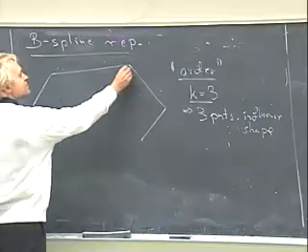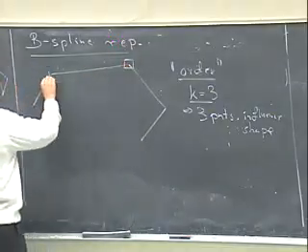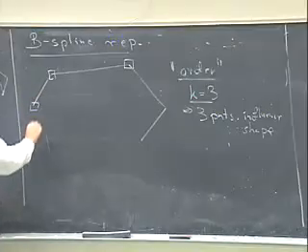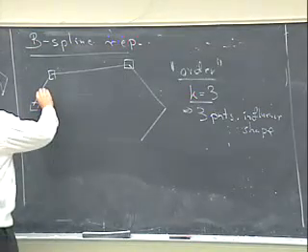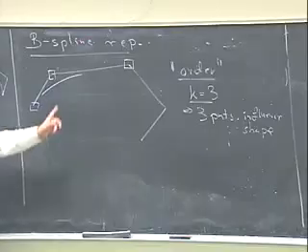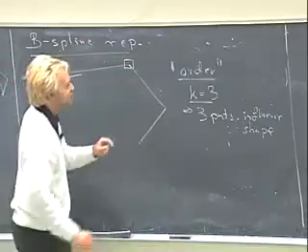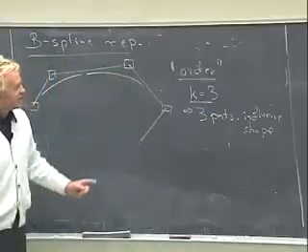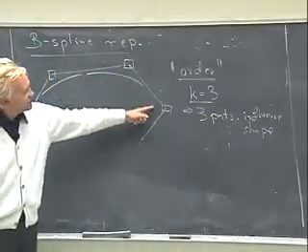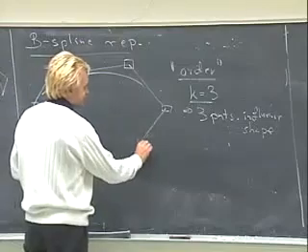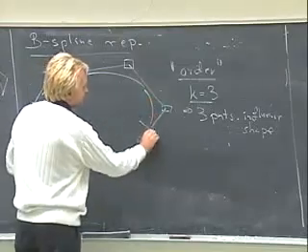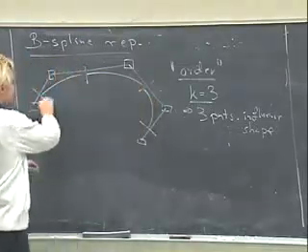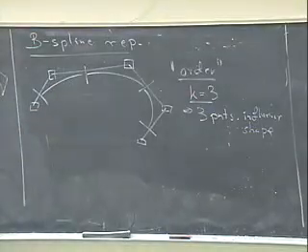These 3 points define the first component of the curve, this component. The next 3 points, 1, 2, 3, define the next component of the curve, namely that one. And the next 3 consecutive points, 1, 2, 3, define the last segment of the curve. Okay? So such a curve consists of multiple pieces.